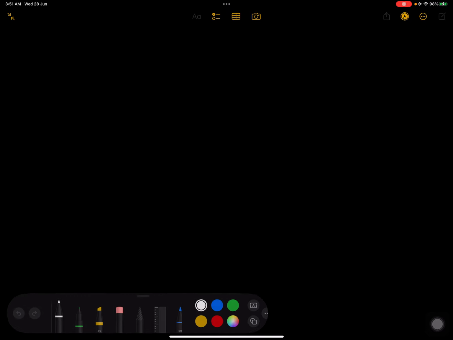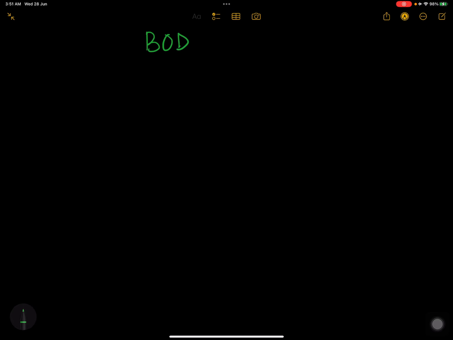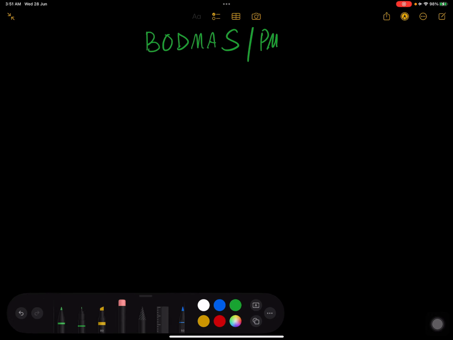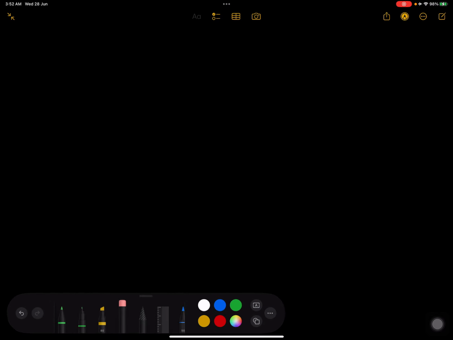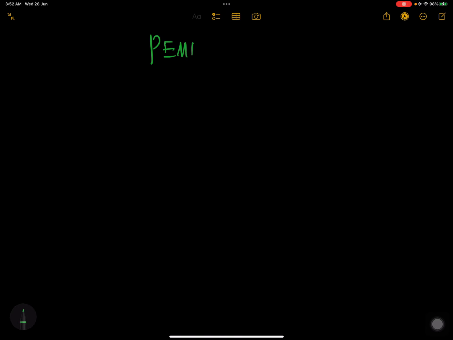Now, let's quickly look at a problem on BODMAS, to bring in our discussion on fractions and everything that we need to know about fractions. So we're looking at PEMDAS, and we're also looking at BODMAS.